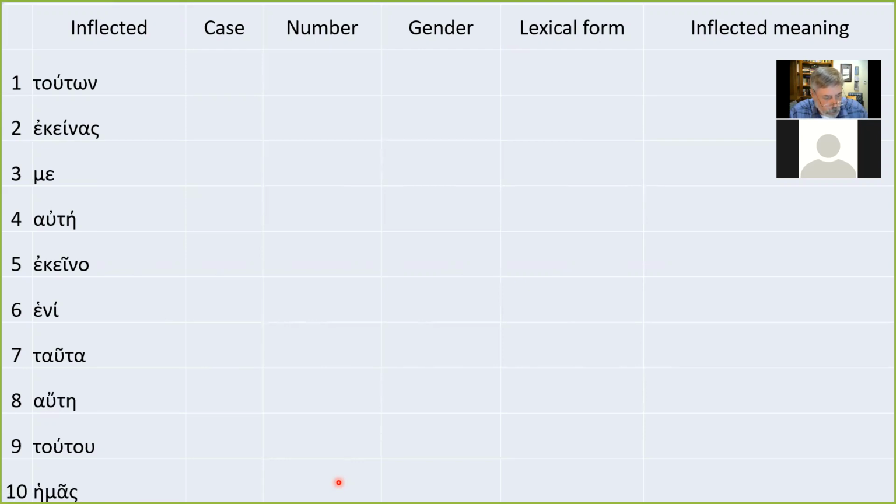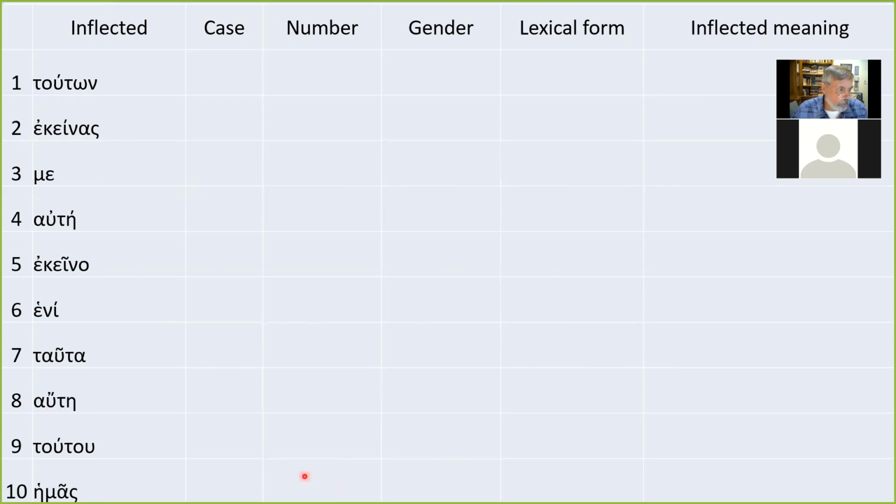Humeis, humon, humin, humas. So the eta rough breathing is going to be first person plural, and the upsilon rough breathing, humeis, humon, humin, humas will be the second person plural. And of course, third person would be autos and all that. So, you remember that? Makes sense?